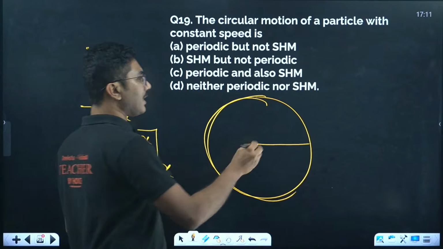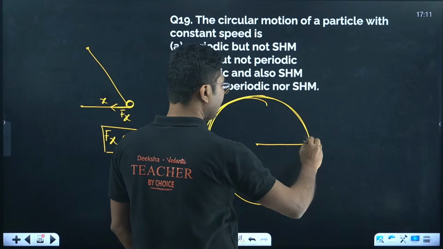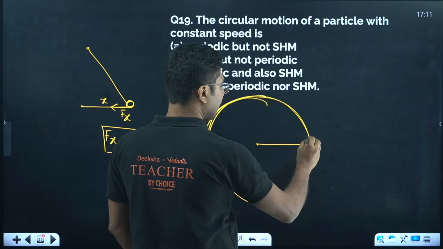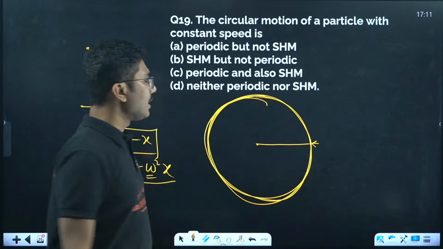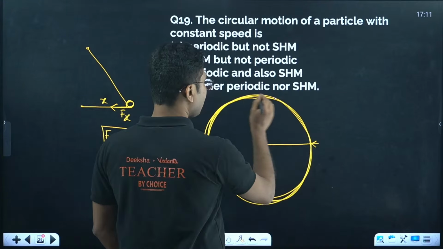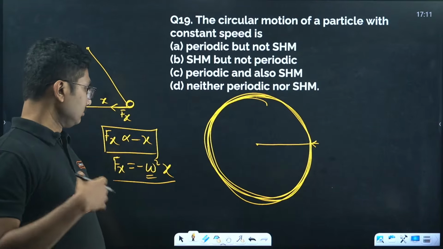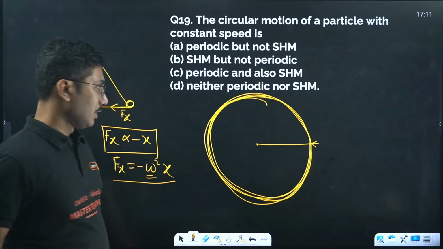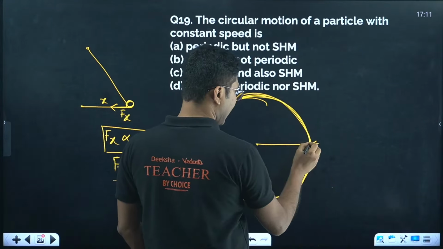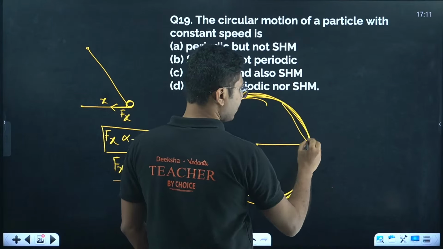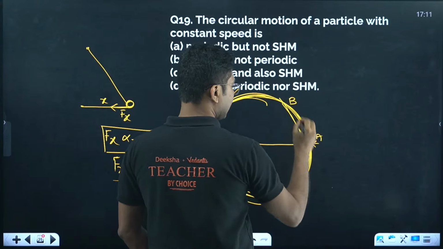Now let's see which condition it satisfies. If after every certain time it comes back to its original position, that means it is a periodic motion. Uniform circular motion is always a periodic motion because it always comes back to its starting point. What about SHM? Suppose it rotates from here to here, say this is A, this is B. What is the direction of displacement? The displacement is in a straight line path.